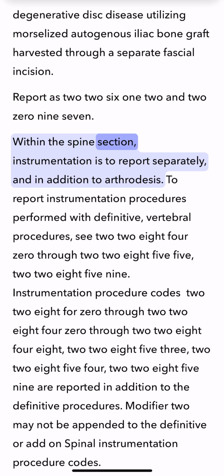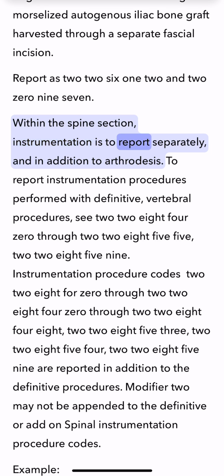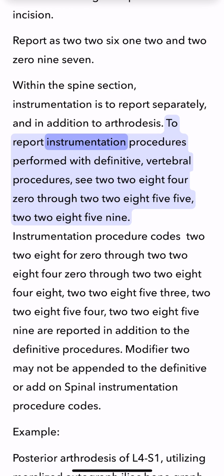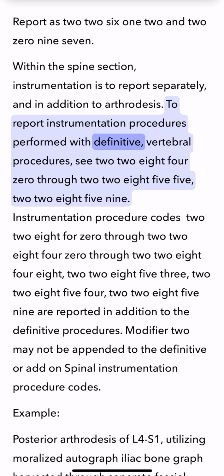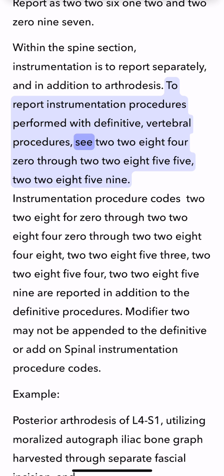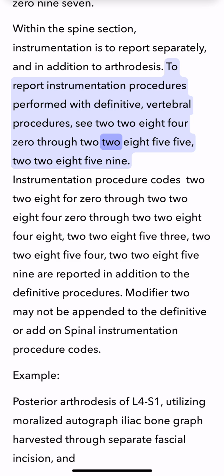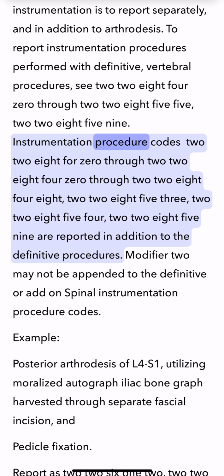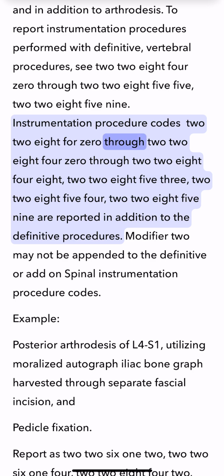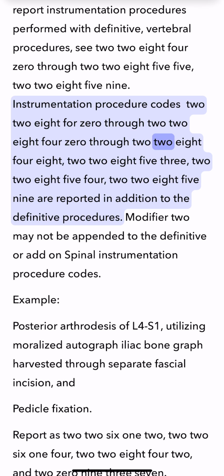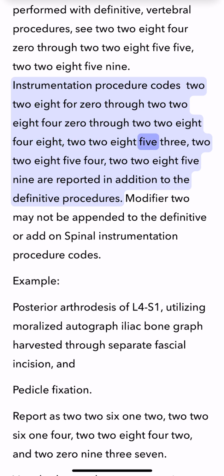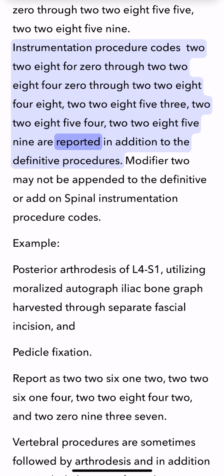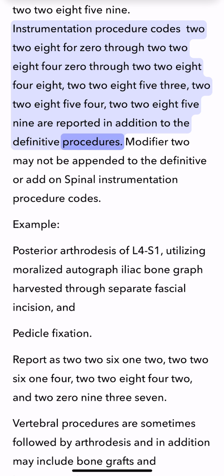Within the spine section, instrumentation is reported separately, and in addition to arthrodesis, to report instrumentation procedures performed with definitive vertebral procedures. See 22840 through 22855, 22859. Instrumentation procedure codes 22840 through 22848, 22853, 22854, 22859 are reported in addition to the definitive procedures.